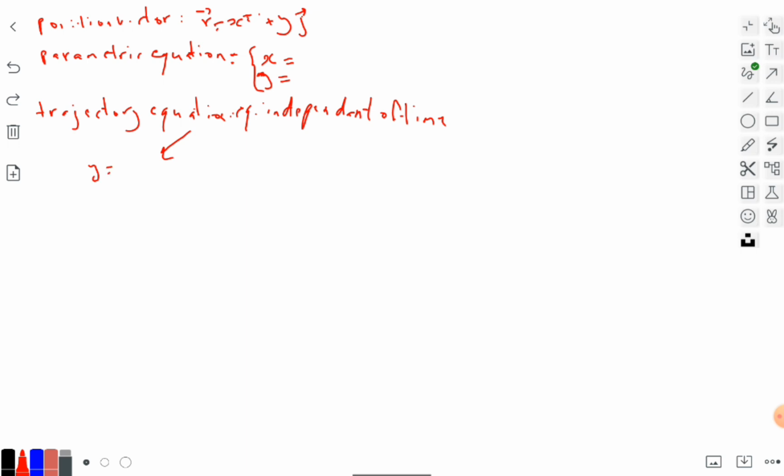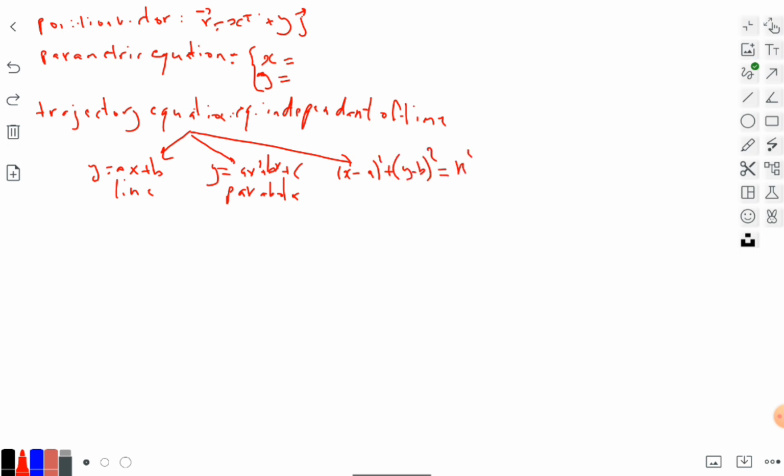Maybe it's a line of equation y equal ax plus b, or a parabola of equation y equal ax square plus bx plus c, or a circle of equation (x minus a) square plus (y minus b) square equal radius power 2, a circle of center (a, b) and radius r.